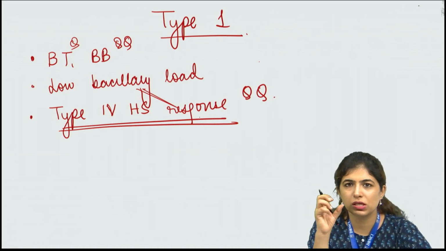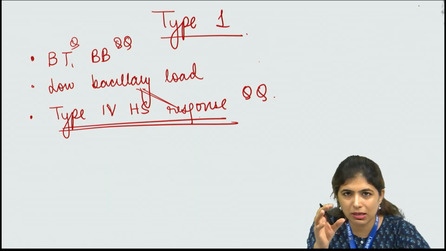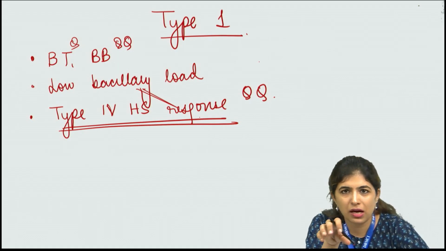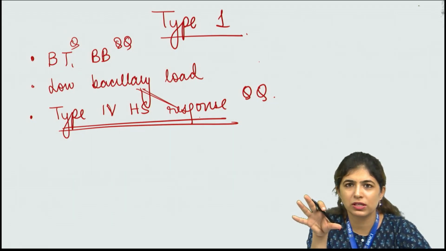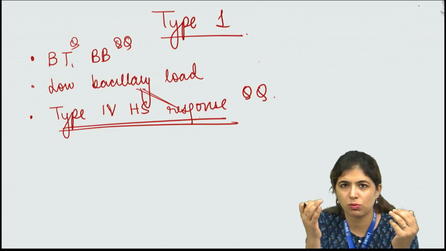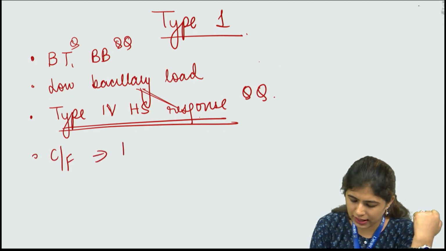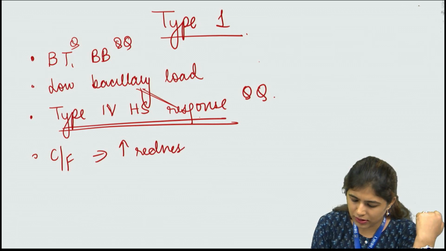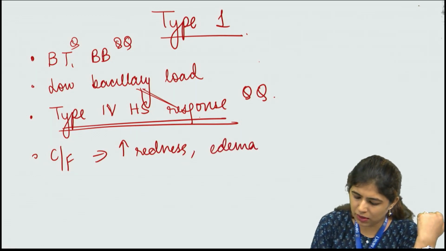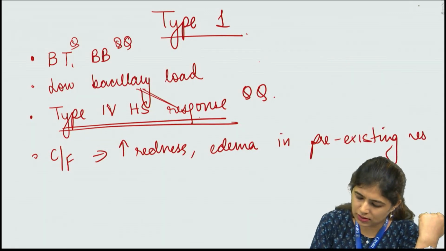What happens is you start treatment for the patient, it generally happens after treatment, can also happen before, but you kill the bacteria. Bacteria are released from the macrophages, the body identifies them, generates a hypersensitivity response towards the same, leading to clinical features like increased redness, edema in the pre-existing lesions.